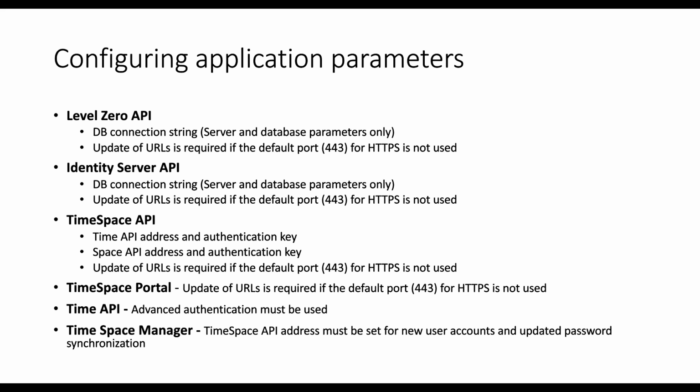When we talked about the architecture of this module, we saw that this module is made up of various APIs and parts, and each of these APIs has its own configuration file.